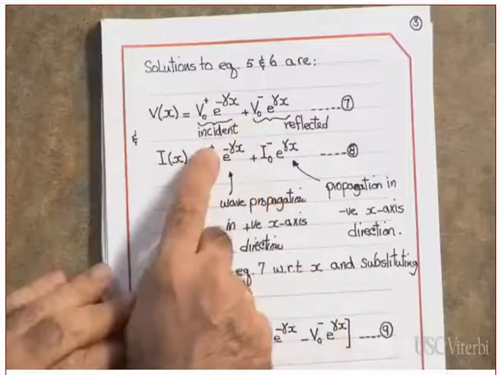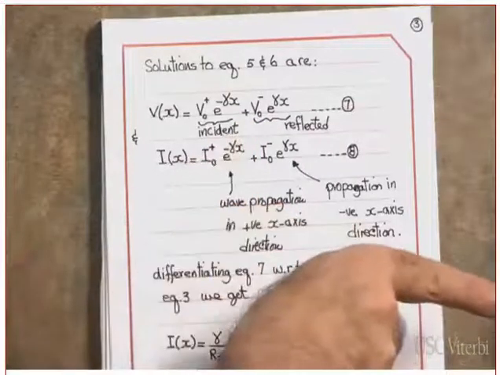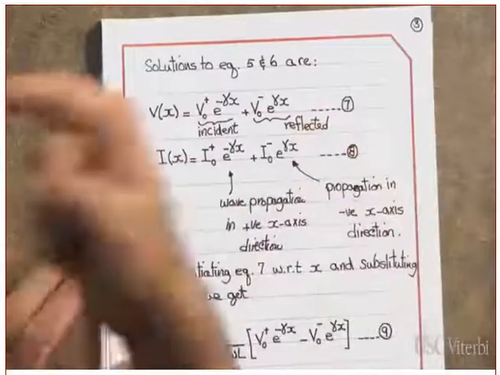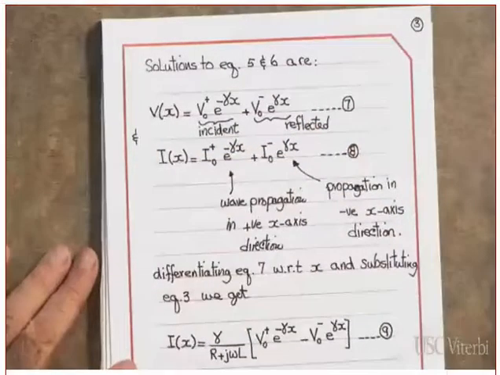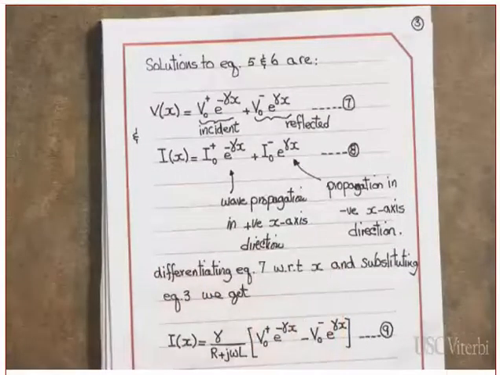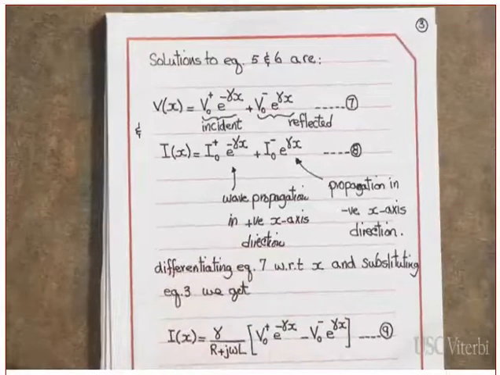One of them is called the incident, which is in the forward direction, and the other one is called the reflected, which is in the other direction. So in every point on the transmission line, we are going to have two waveforms. The sum of them is what is known as the standing waveform.